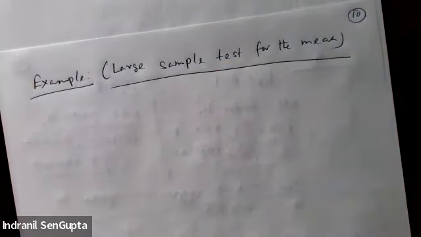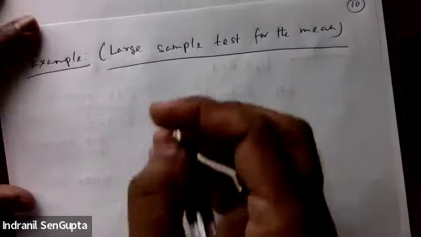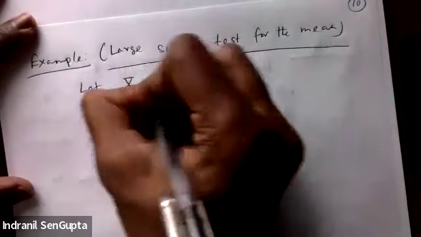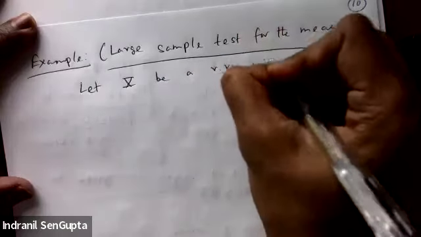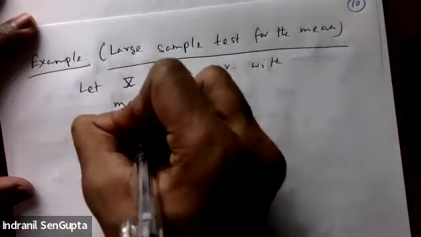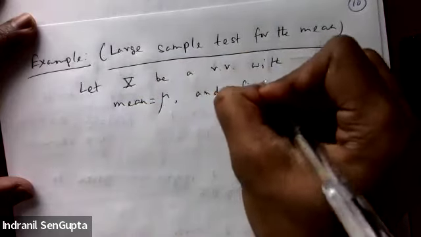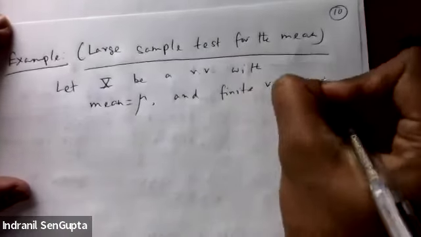We'll see what it means. It goes like the following. Let x be a random variable with the mean equal to mu and finite variance sigma squared.